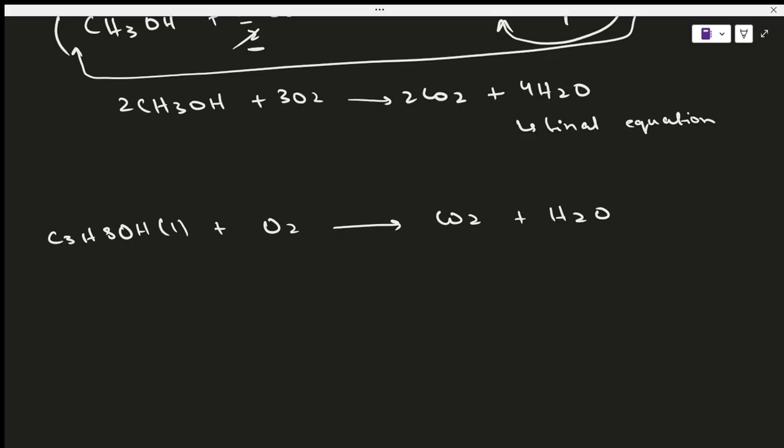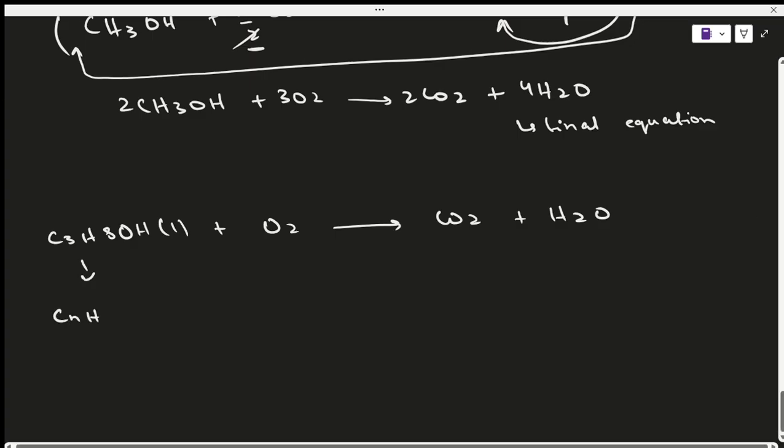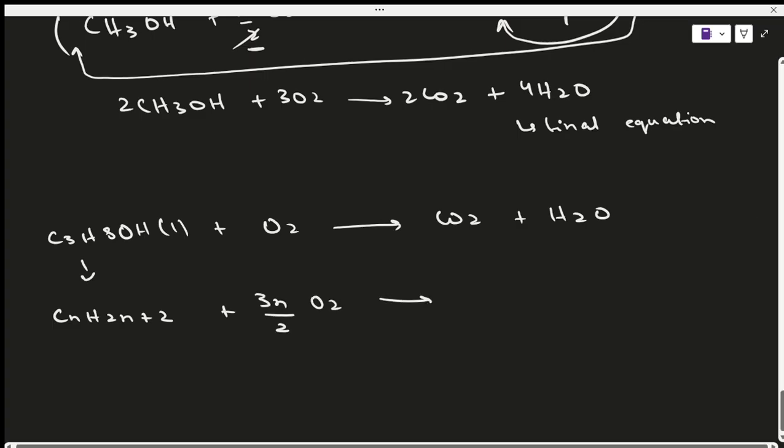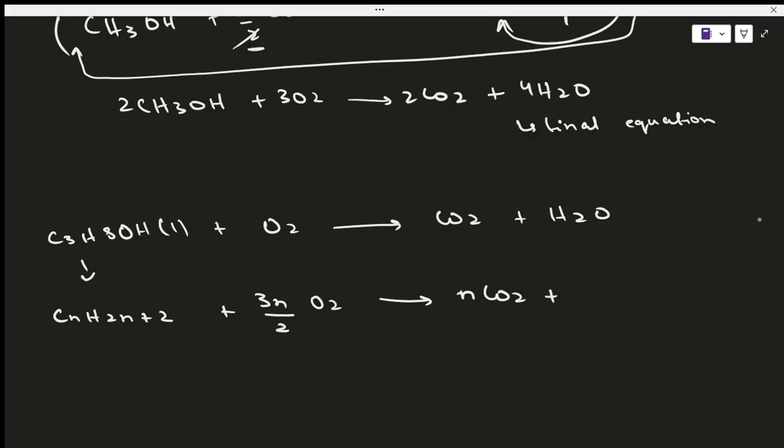Now, once we have taken this, the first thing we're going to do is put in the general formula, which we said was CnH2n+2. And what you're going to do with this one, this is going to be 3n/2 O2. Carbon dioxide remains as nCO2 plus (n+1) H2O. Right?